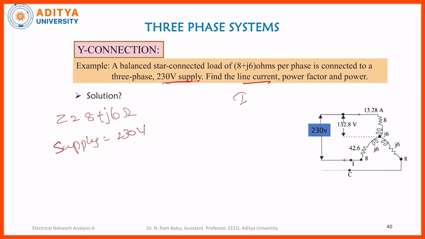We are supposed to find the line current IL, the power factor cos phi, and the active power, reactive power and apparent power.